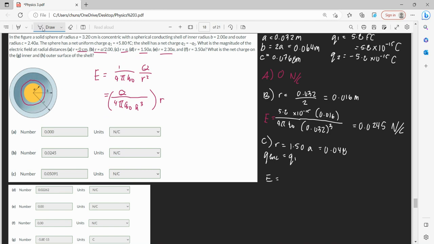So that will give us our new distance of separation from our center, which is 0.048. We have 4 pi epsilon 0 times 0.032 cubed. So this is times 0.048 divided by 4 times pi times 8.854 times 10 to the negative 12 times 0.032 cubed.